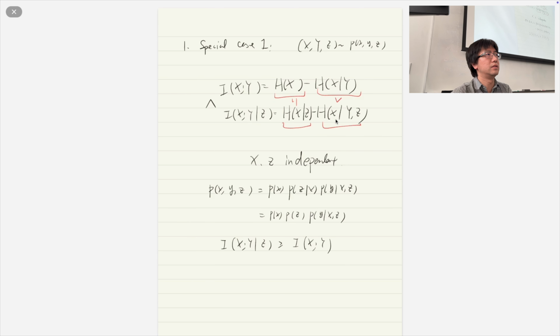Y given additional Z would reduce entropy in some cases, because there's a possible dependence between Y and Z. Yeah, that's totally correct. So it basically means that the dependence between Y and Z can help you reduce the uncertainty on X.